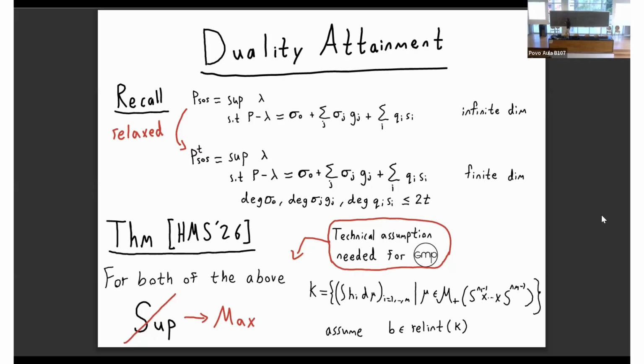There are also some numerical problems when this does not happen, because as I said, these are semi-definite programs, and they're solved by primal dual interior point methods. There you have some problems if there's a gap here, but also if this is really a sequence rather than having a feasible point which turns it into a maximum.